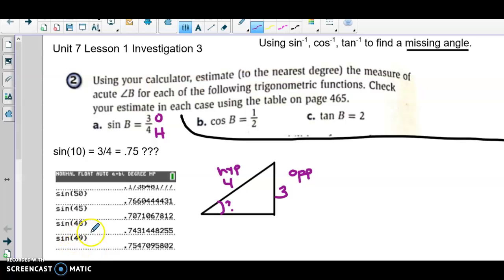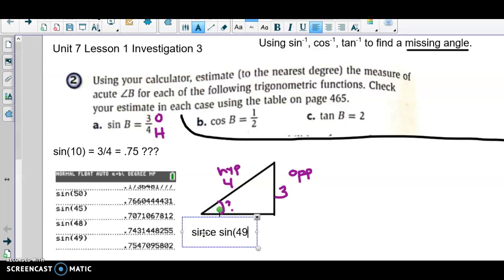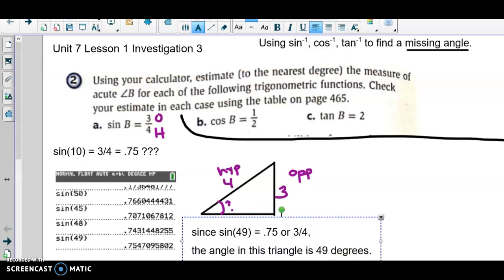We figured out that since the sine of 49 is about equal to 0.75, or 3/4, the angle in this triangle is 49 degrees. I have a tough time with this symbol, because we really shouldn't be using an equal sign. And that's how we could solve it.